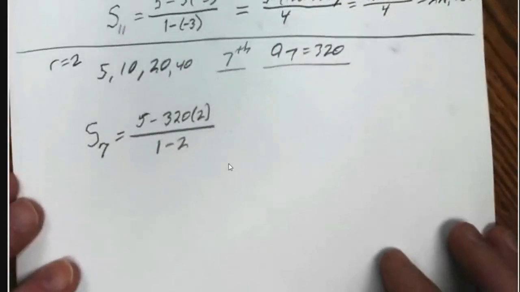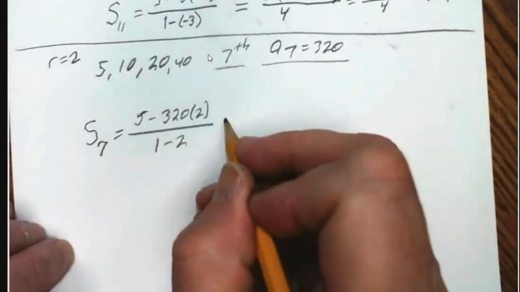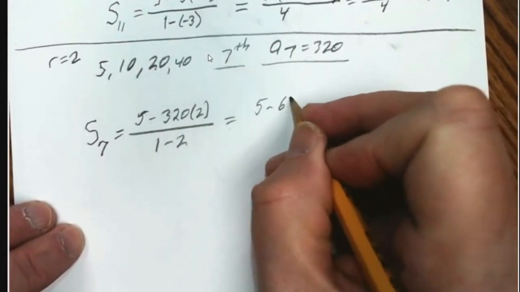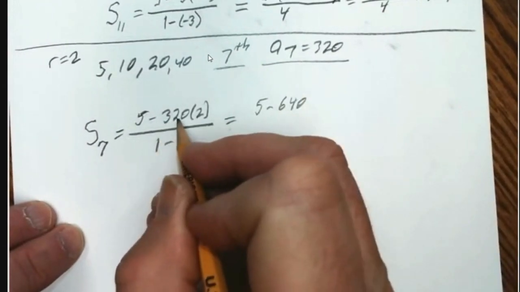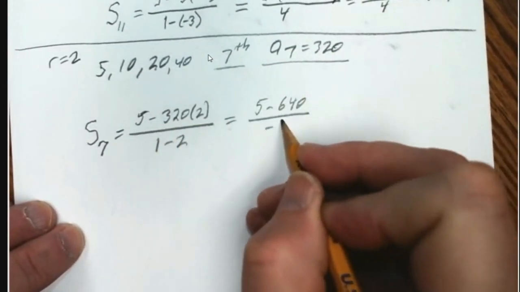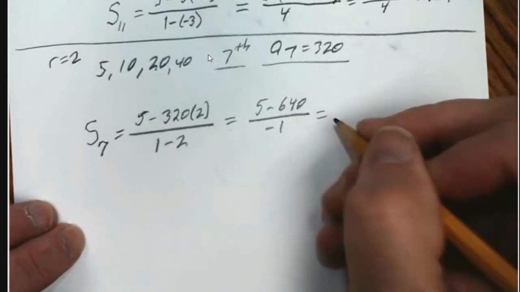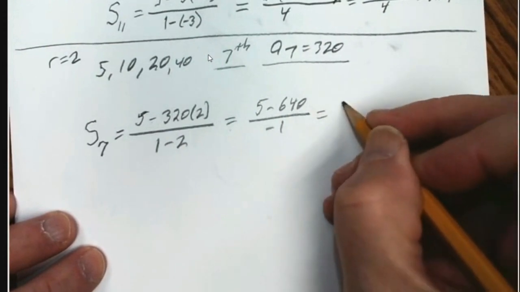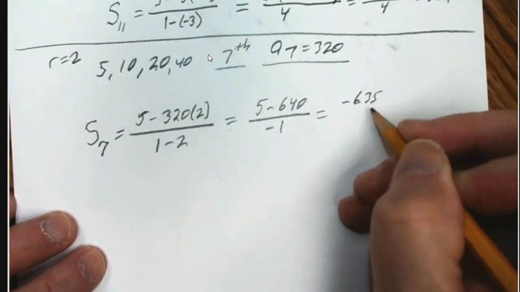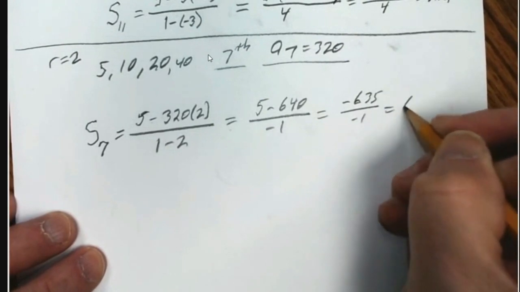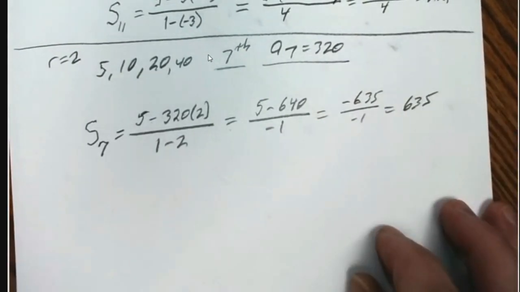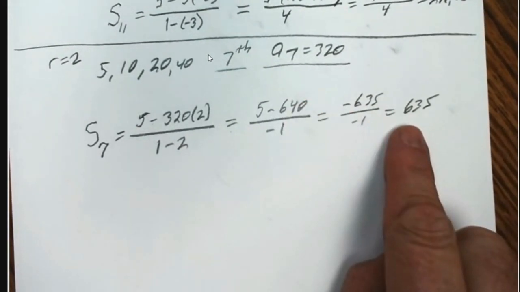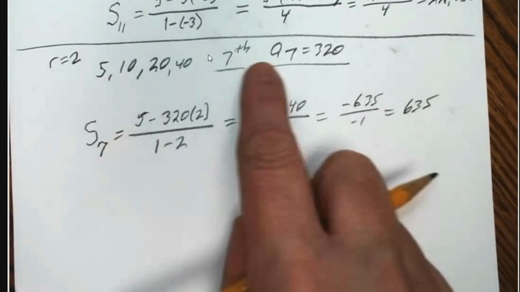Okay, that's that top formula. 5 minus 320 times 2, we can do that in our head, 640. You just double each of the numbers, right? Over negative 1. So 5 minus 640 is negative 635, over negative 1. So you need 635 points total. That'll get you all the way through 7. That'll get you to the beginning of level 8, basically. That'll get you through the first 7 levels.